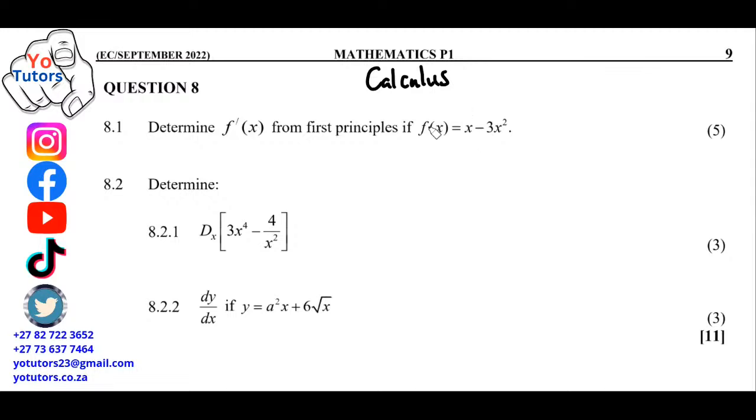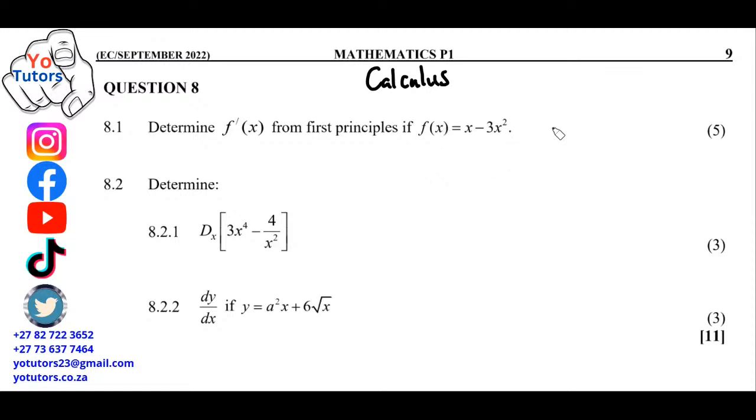Now, a hint that I want to give you guys is that when you are looking for the derivative using first principle, you must use the general rule that we always use, the simple one. So what you need to do is work it out so that you can have your answer directly.